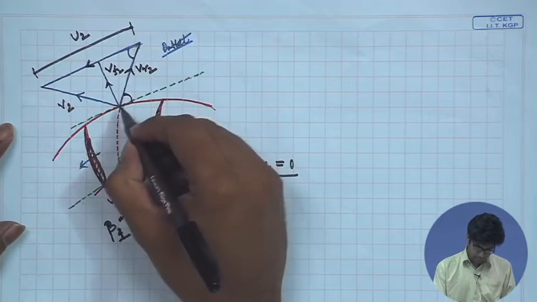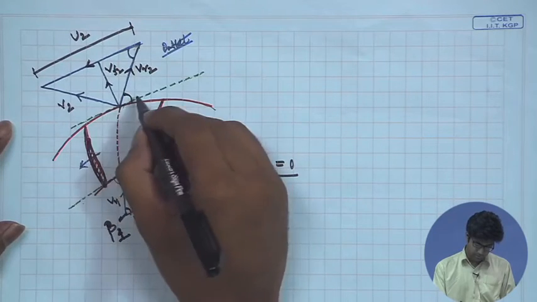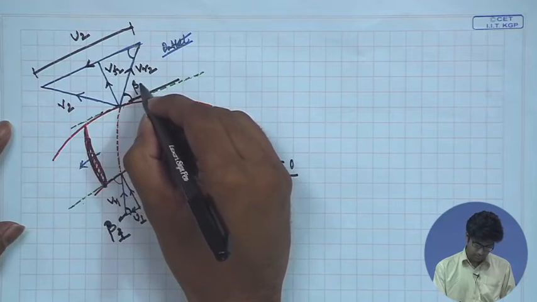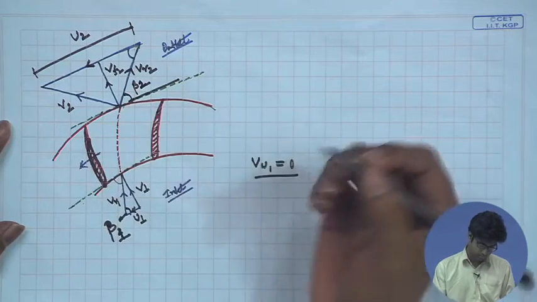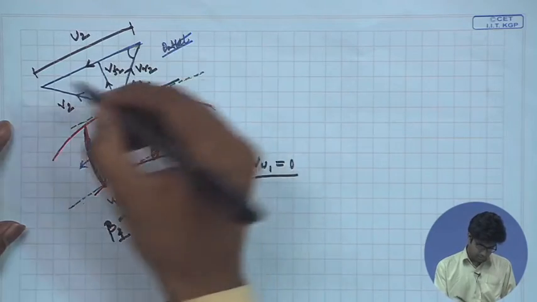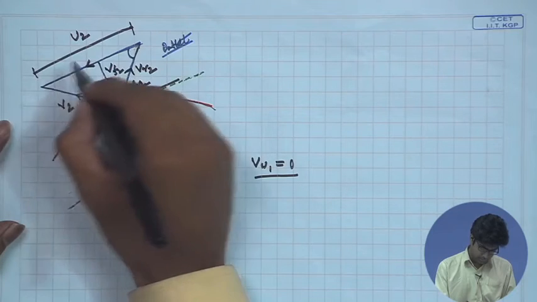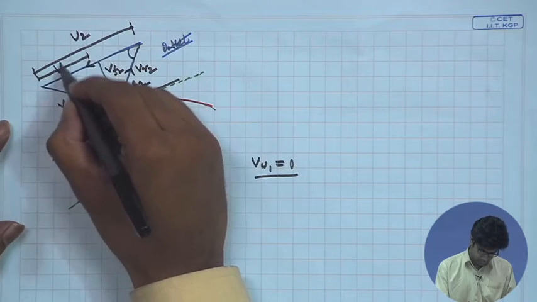This angle, which is made by the impeller blade at the outlet with the tangent drawn at the tip, is the blade angle of the impeller at the outlet and is designated by beta 2. The tangential component of the velocity at the outlet, that is VW2, is given by this portion.